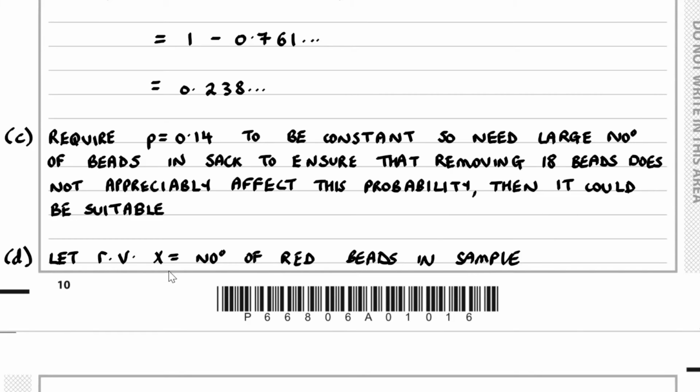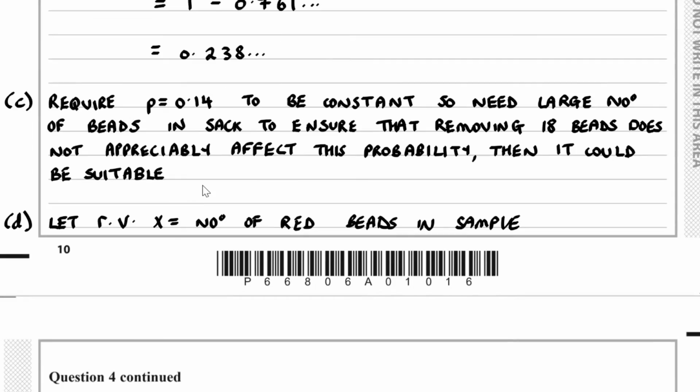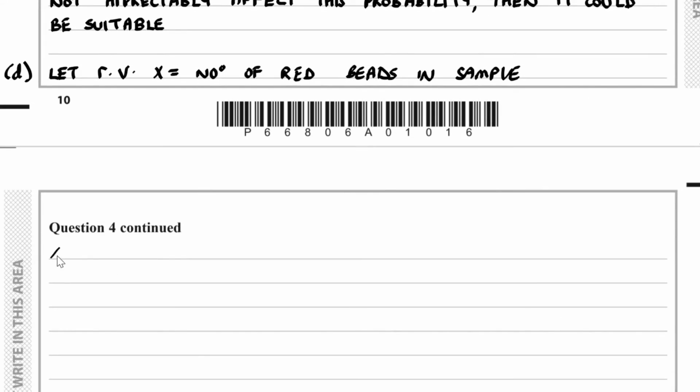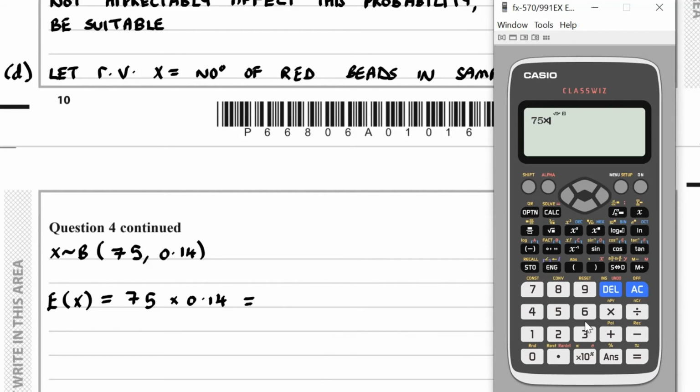If we let the random variable X equal the number of red beads in the sample, then X is binomially distributed with parameters 75 and 0.14. Now the expected value of X will quite simply equal 75 multiplied by 0.14. So if I work this out, 75 times 0.14 is 10.5.